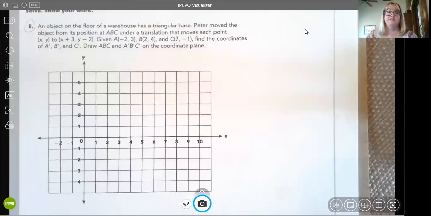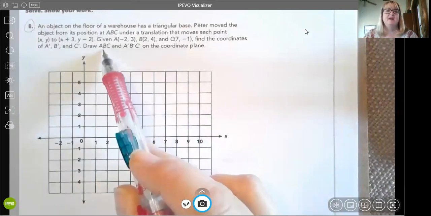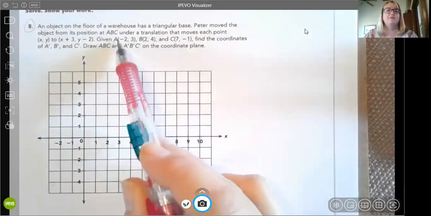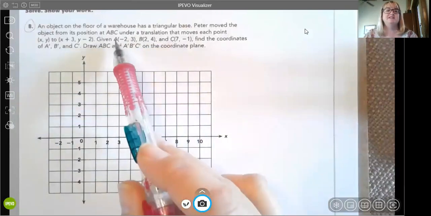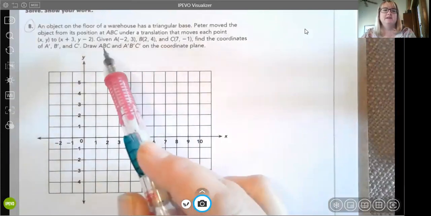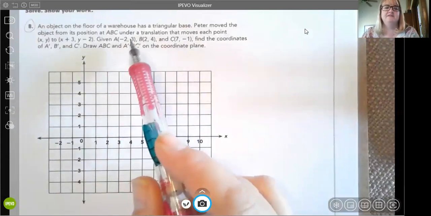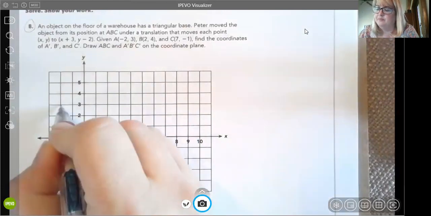There are a lot of directions in this problem. So let's see what we need to do. The first thing it asks us, I see draw ABC. And they tell us what A, what B, and what C are. And we know it's a triangle. So let's go ahead and graph ABC and go from there. So A is at -2, 3. So we're going to go back 2, up 3.